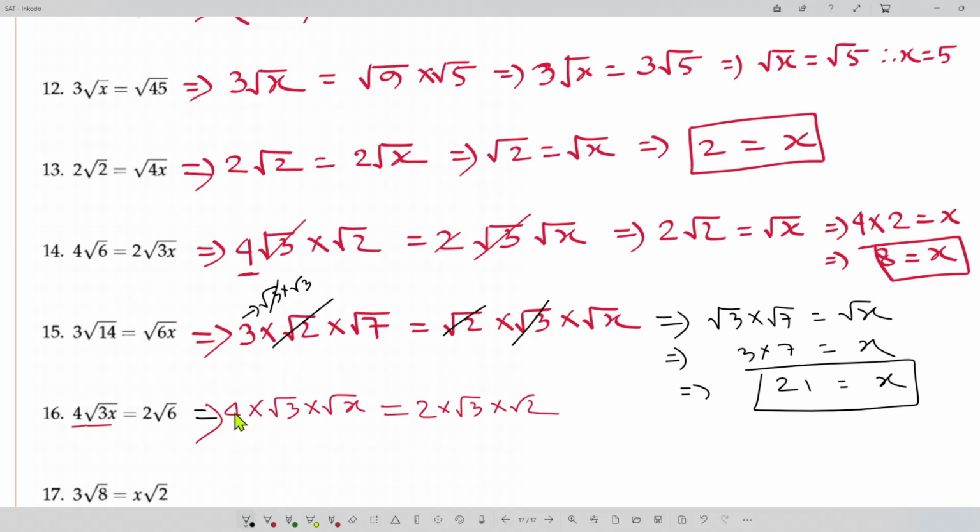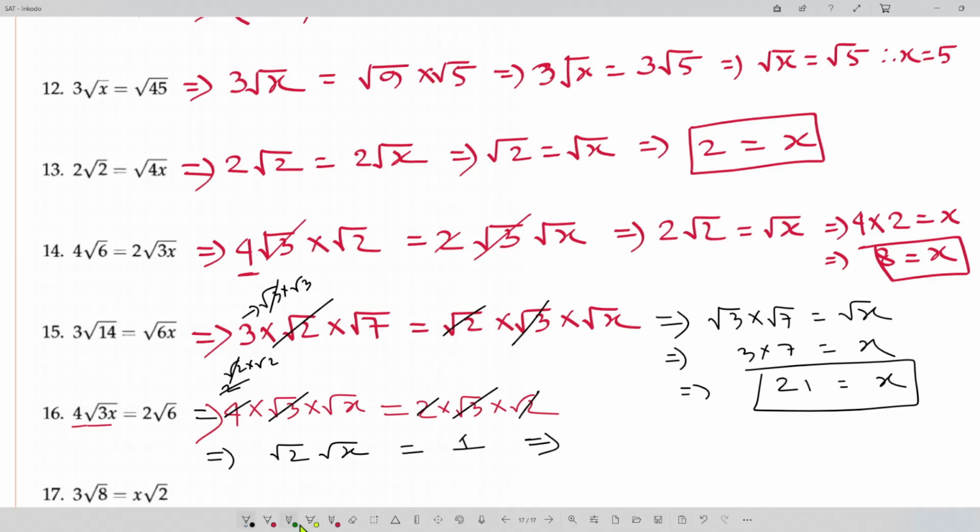We can divide this 4 with 2. So here is 2 only, here is root 3 and here is root 3, right? And look, here is also 2, and 2 means root 2 times root 2. So one root 2 cancels with the root 2. So finally we get root 2 root x equals 1.